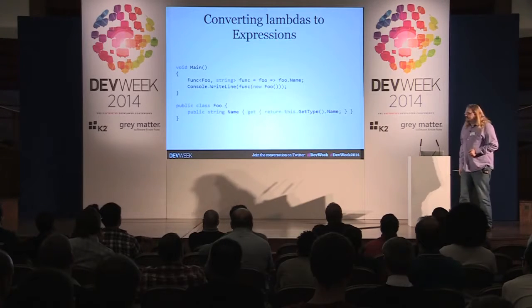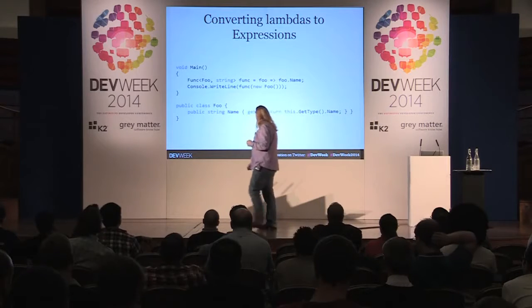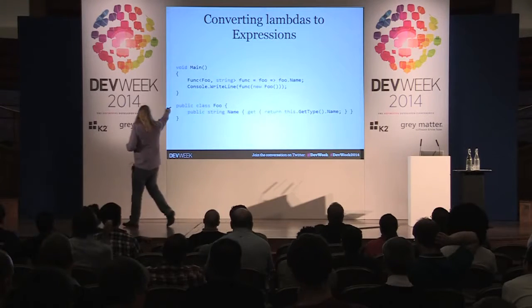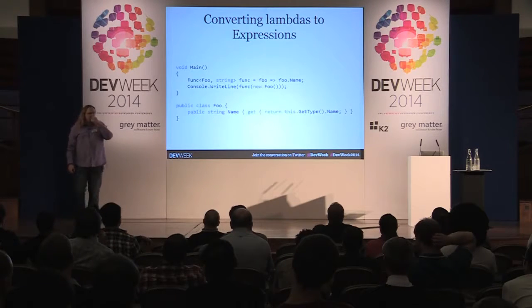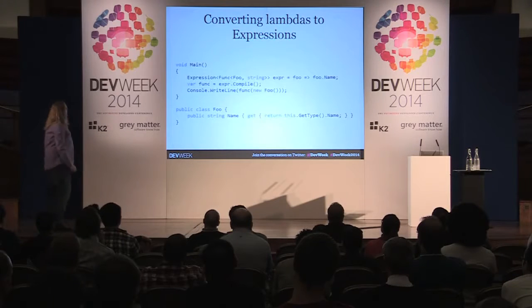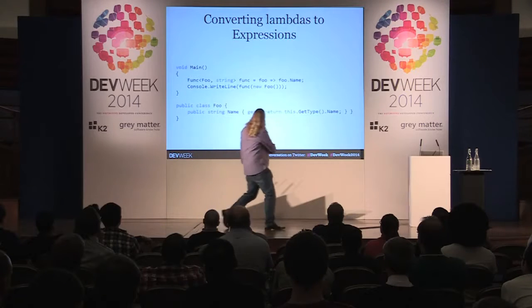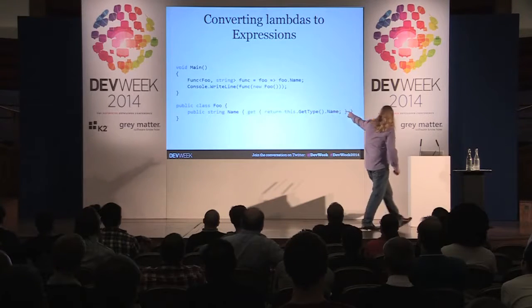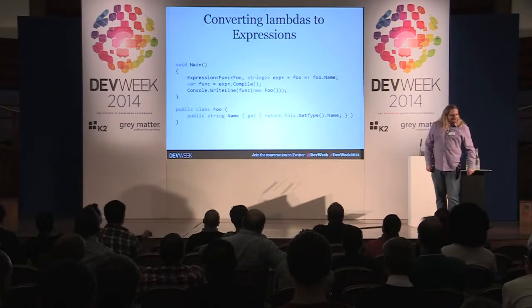No? Okay. The first line here at main, we've got a func which takes a foo and returns a string. To turn that from a lambda to an expression, you do this. So there's the lambda, there's the expression version. It's as simple as that.